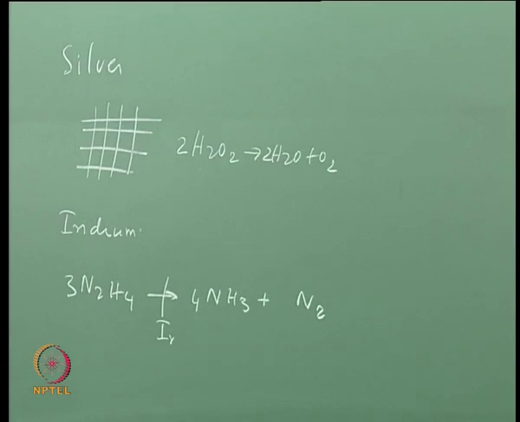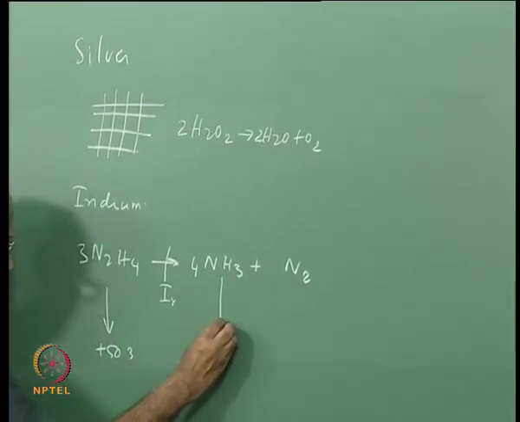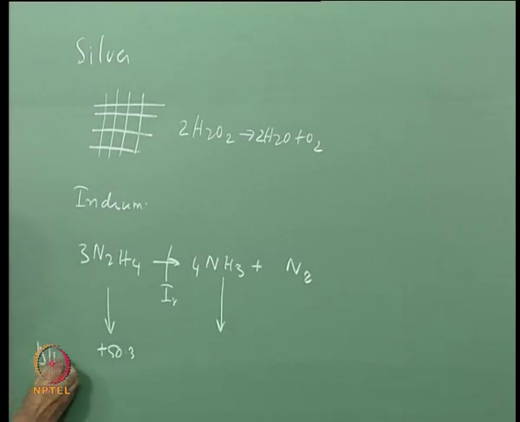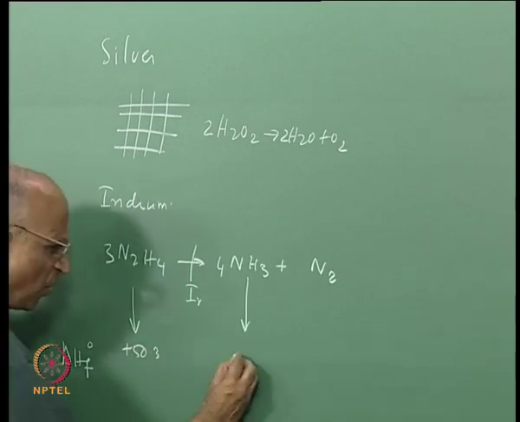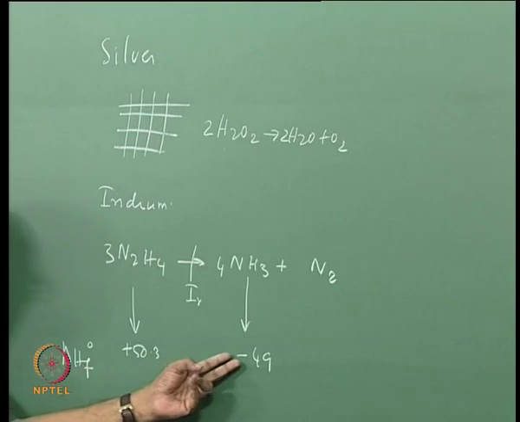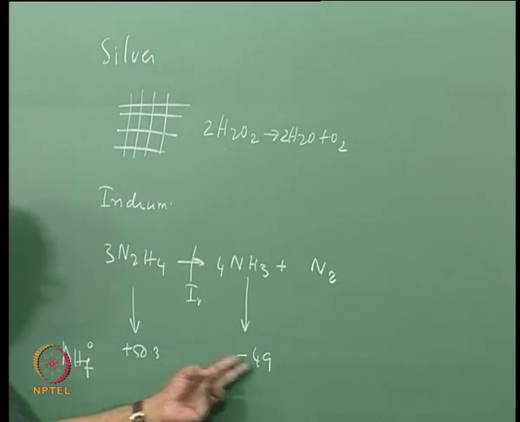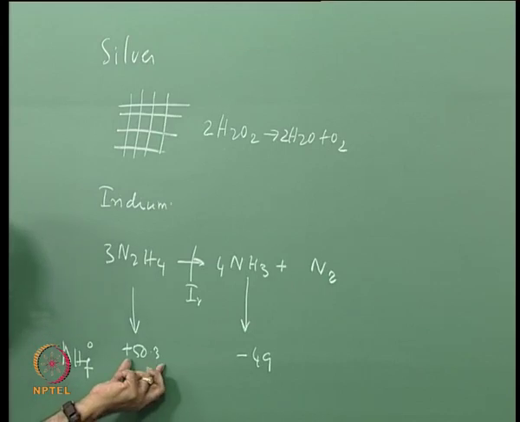If you look at the heat of formation of hydrazine, which we studied when we were studying propellants, it is around plus 50.3. For ammonia, the heat of formation delta HF at standard condition was something like minus 49 or so, and therefore you take 4 into minus 49 minus 3 into 50.3, and this is positive, and therefore the net contributes to the heat over here.